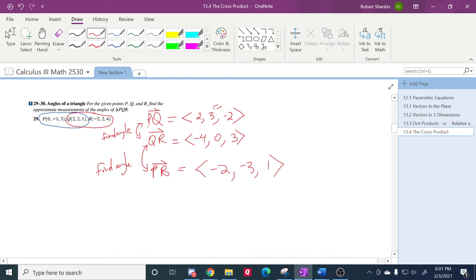Sorry to interject, but are we sure we have the values for QR correctly? Destination minus initial: negative 4, 2 minus 2, 4 minus 1, 3. I think that's correct. Okay, I'm looking it up.